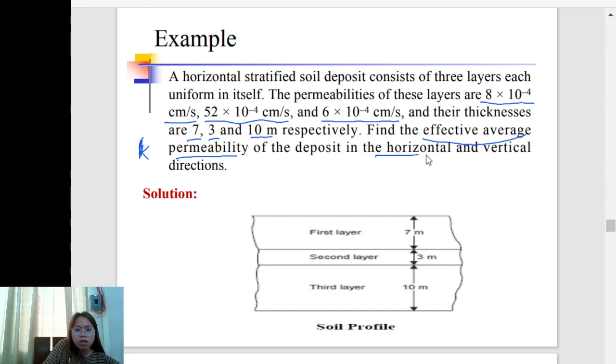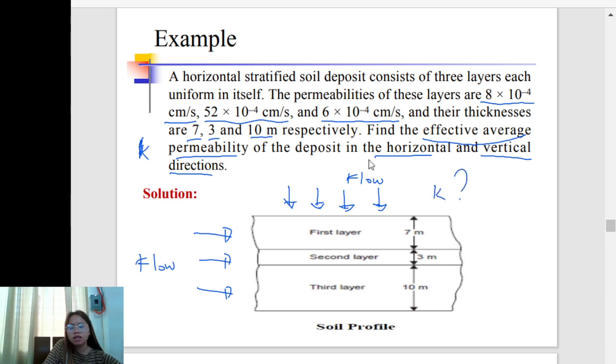So in the horizontal and vertical directions, meaning if the flow is horizontal, this will be our first objective, to get the average K. And if the flow is in the vertical direction, then this will be our second objective. Now, what is the value of average K?